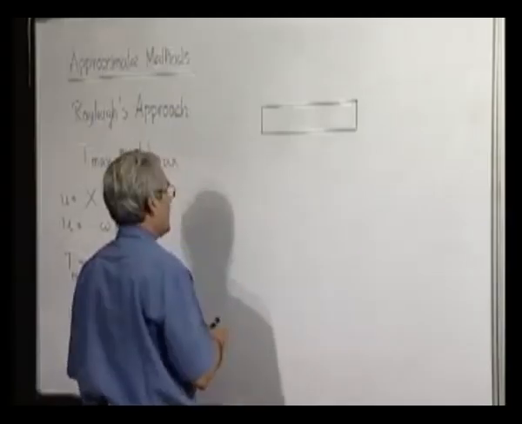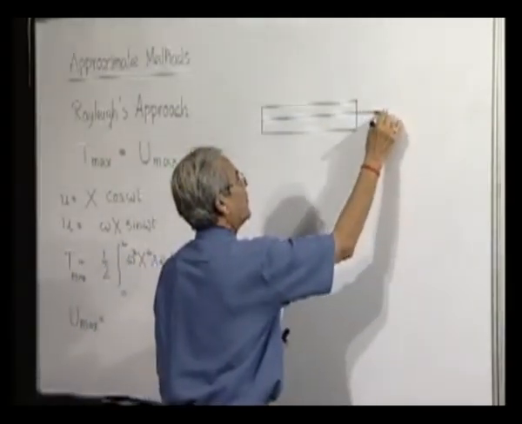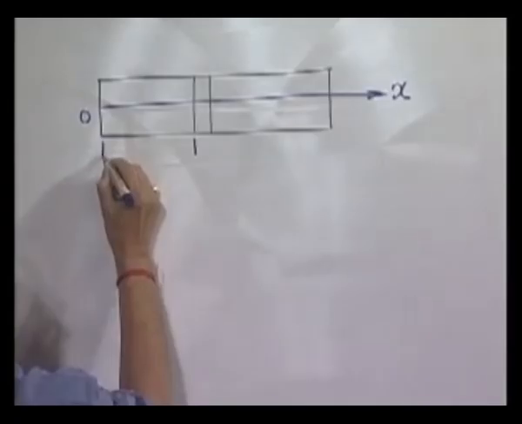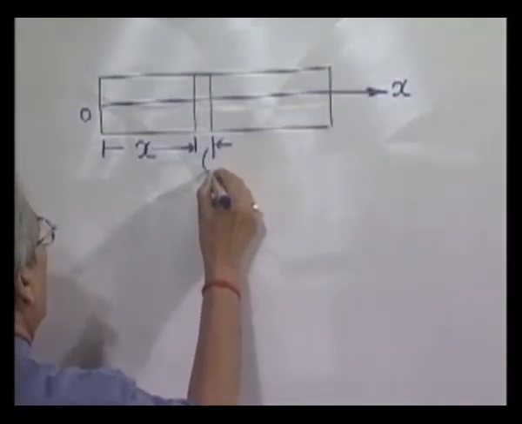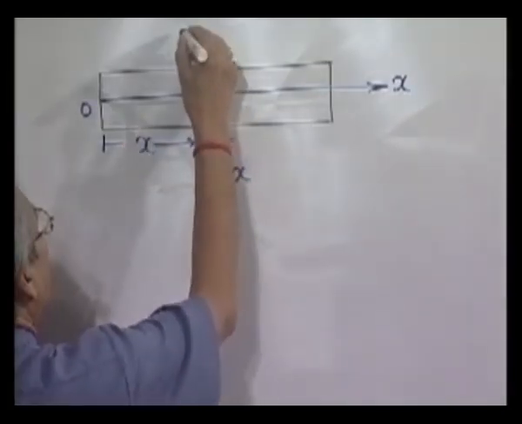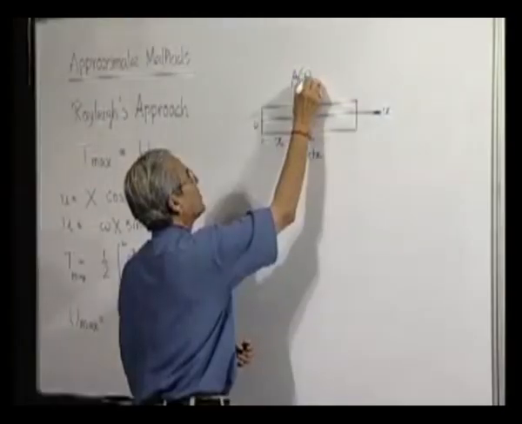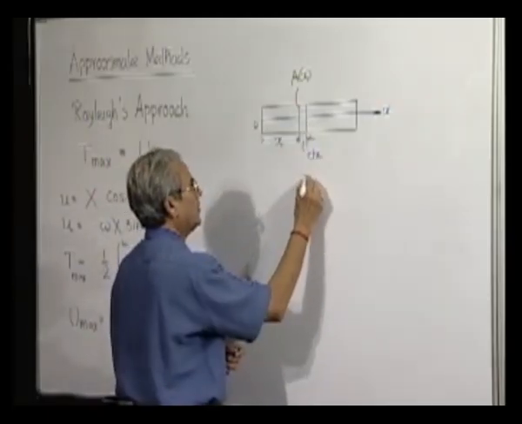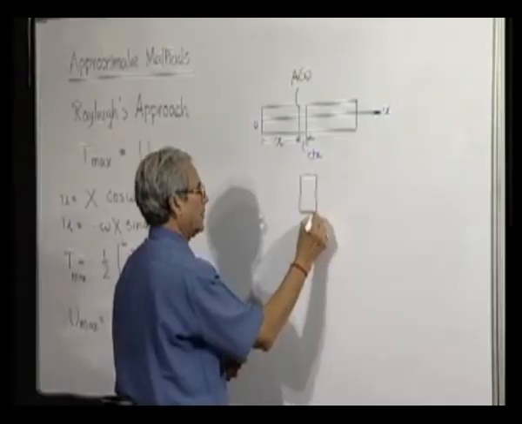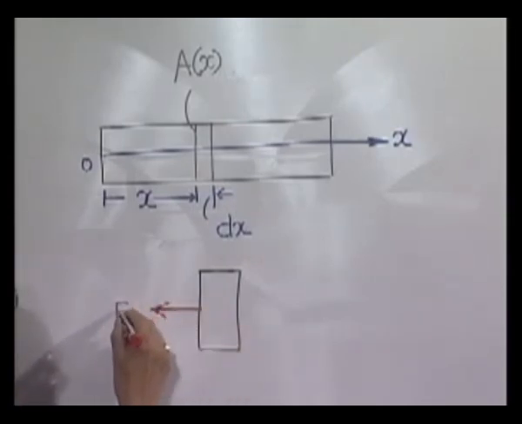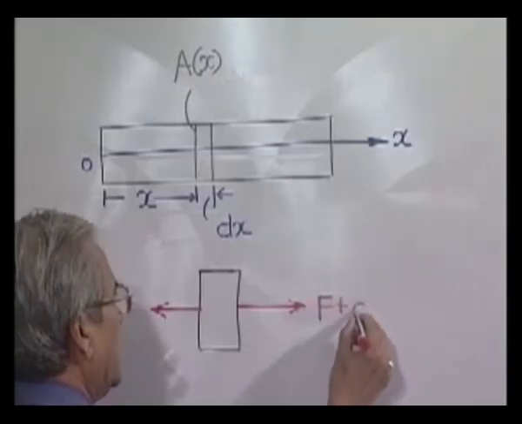In the case of a bar, which is having longitudinal oscillation, then at a distance x, if you consider an element of length dx, and if the cross-sectional area is say a, which need not be constant, which may be a function of x, but at this location, the element which is this is subjected to forces, which is in this direction, and in this direction it is F plus dF.